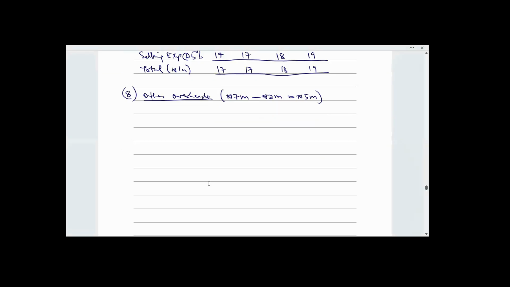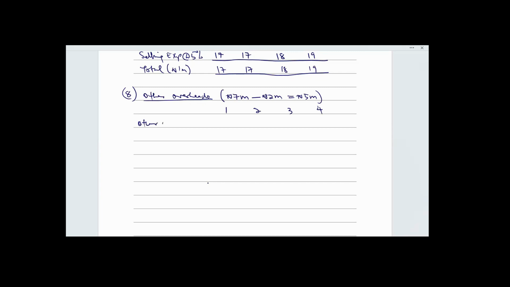Okay, so I would then say other overheads at an inflation rate of 5%. Sorry, let me write that. Year 1, year 2, year 3, then year 4.